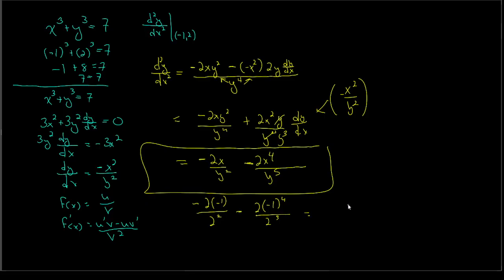That simplifies to 2/4 minus 2 over 32, right? Because 2 to the 5th is 32, or 16 minus 2 32nds, or 14 32nds, otherwise known as 7/16.